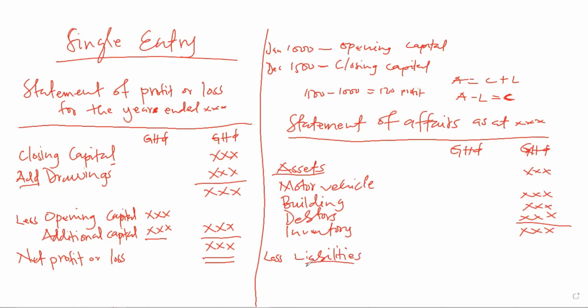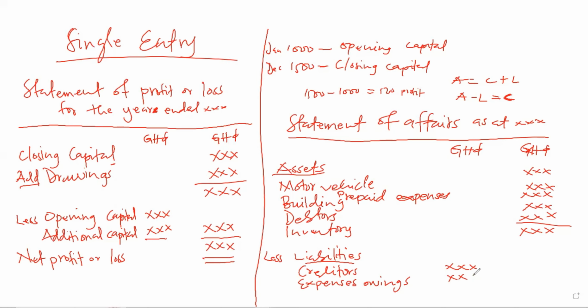So we can have creditors. We can have expenses owings. So even here, let me add prepaid expenses, which is also an asset. So we add all this depending on the question.